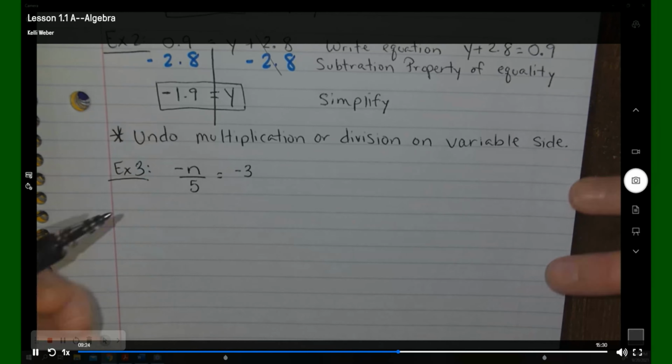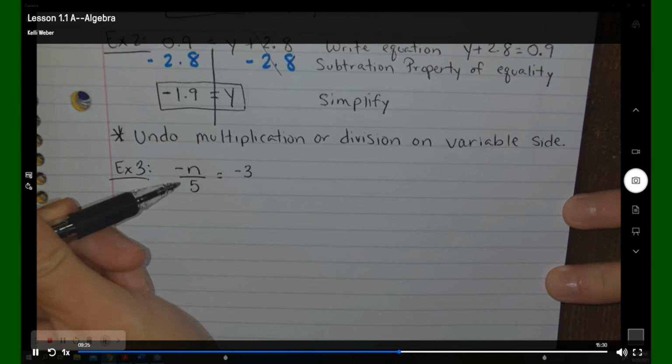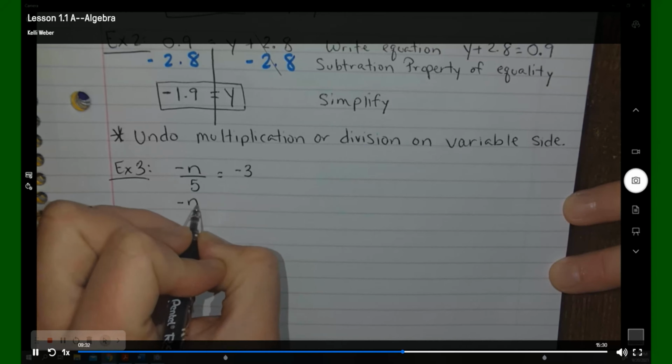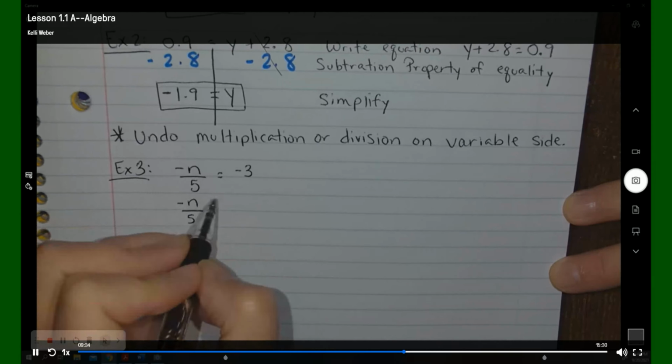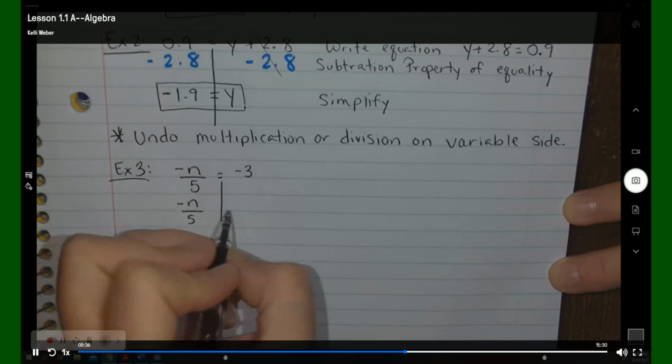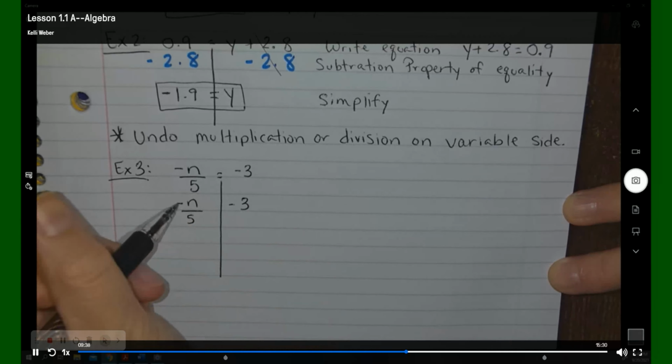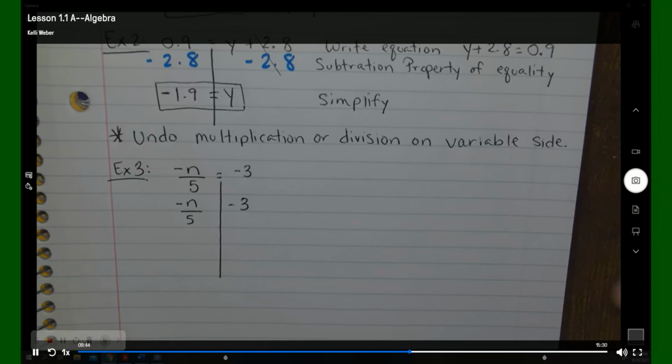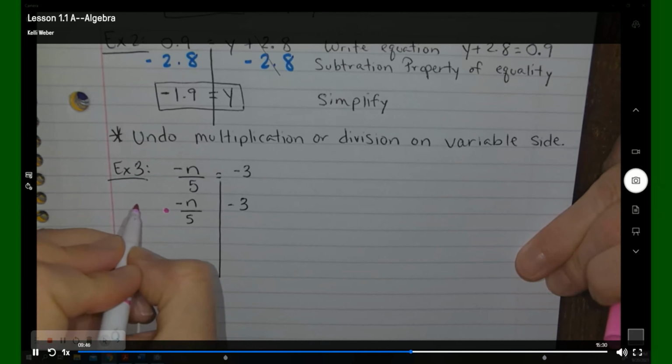Now what we're noticing is it's negative n over 5. Fractions are division. So in order to undo our division, we're going to have to multiply both sides, and we're going to multiply by what was divided. So I am going to keep the negative sign when I'm multiplying. So I'm going to multiply both sides by negative 5.